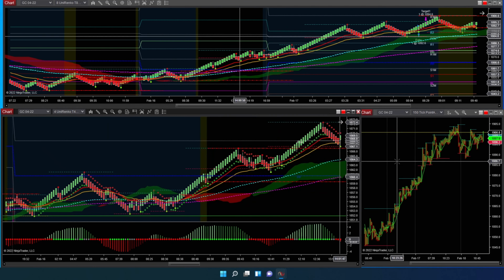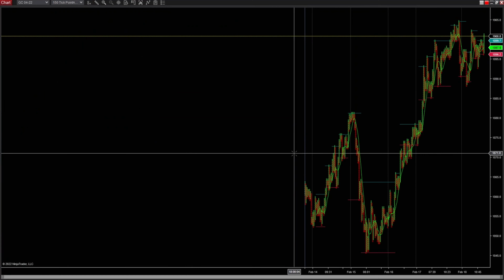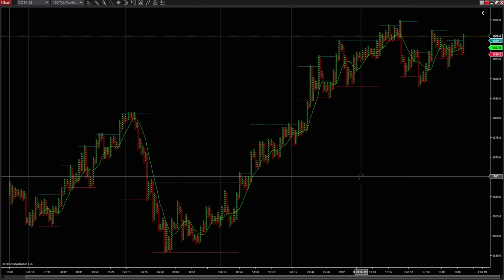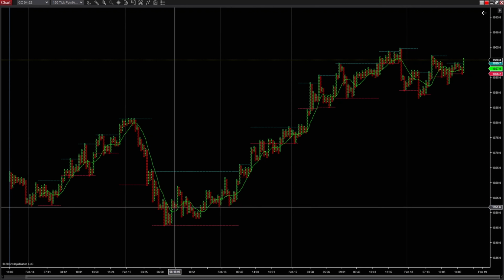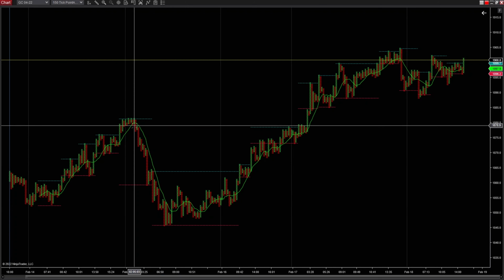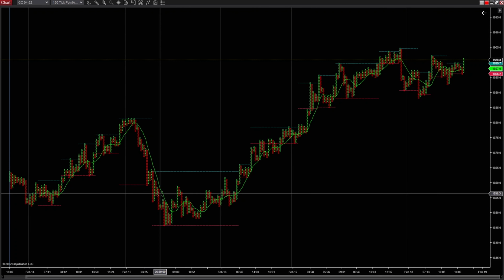So it was good. If you see now the point and figure, let's expand this one and look at the point and figure. You have a nice, good downtrend here, but most of these movements were done overnight.